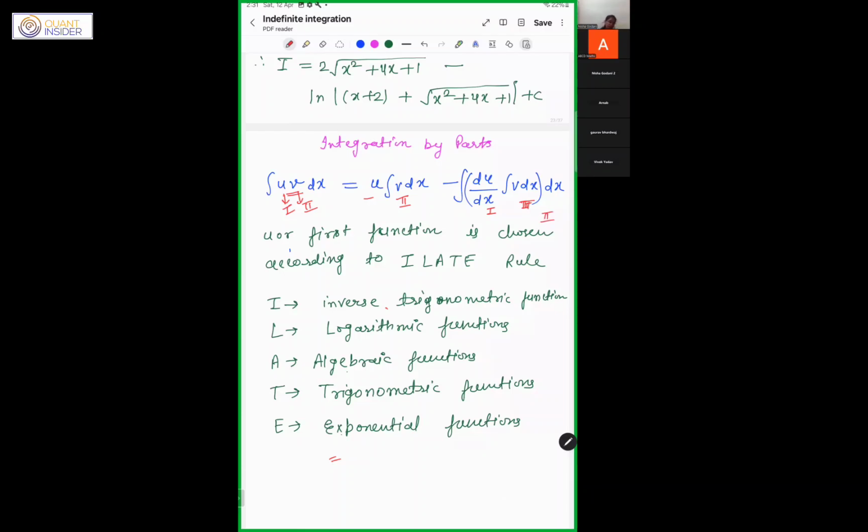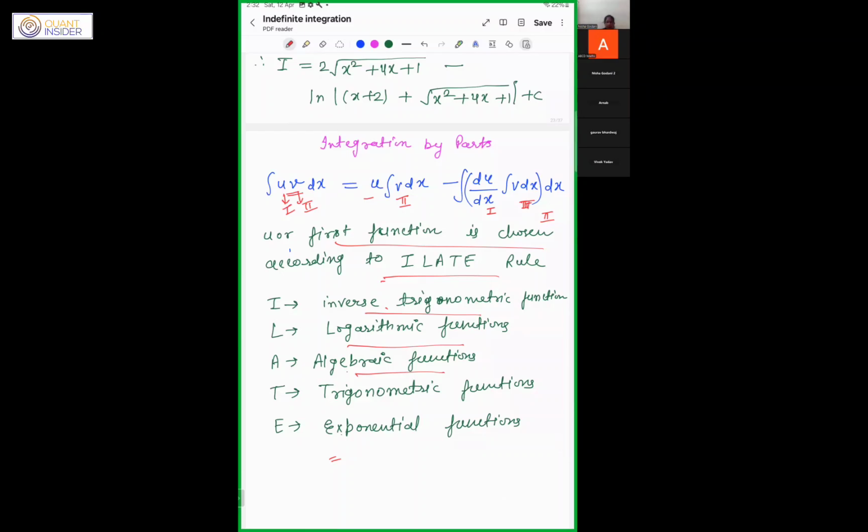Okay. We know how to differentiate and how to integrate, but the question is how to choose the first function or second function. For choosing the first function, there is a rule. This rule is called ILATE. I means inverse trigonometric function, L means logarithmic function, A means algebraic function, T means trigonometric function, E means exponential function.